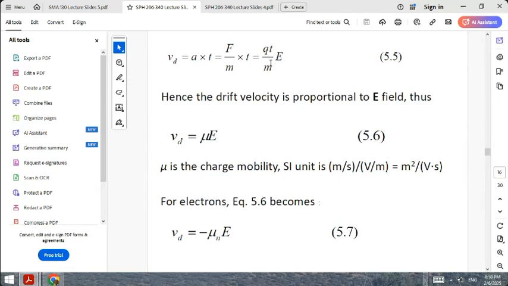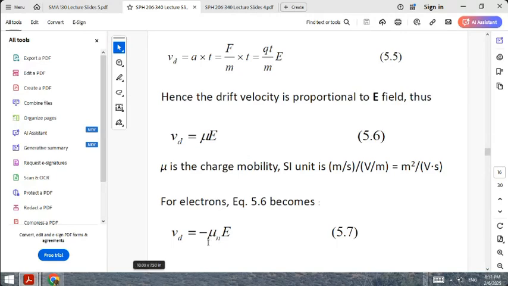So this equation 5.6 gives us the ability to measure the mobility of a charge.